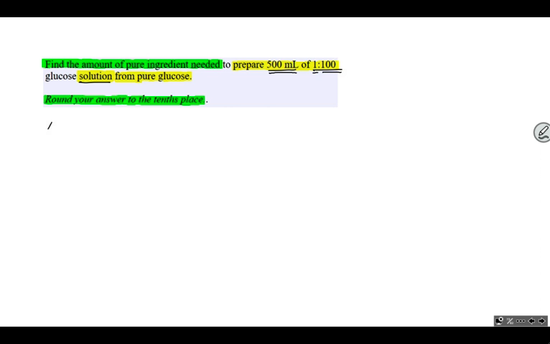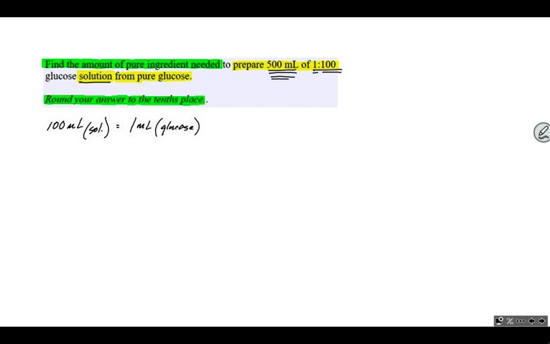So for every 100 milliliters of solution, we're going to have 1 milliliter of glucose dissolved, right? And the other thing that we like to do when we're solving this type of dimensional analysis problem is to take what we're asked for.